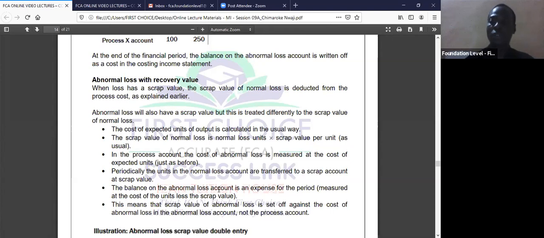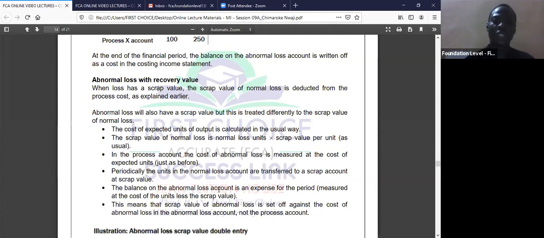All we need to do is look for our input less our normal loss. That would be your expected units. The scrap value of normal loss is normal loss in units times the scrap value per unit. That's how we used to find it. Then in the process account, the cost of abnormal loss is measured at the cost of the expected unit as we said before.